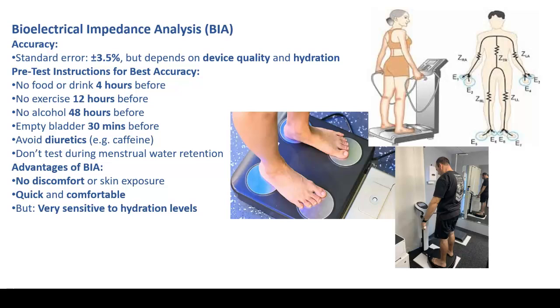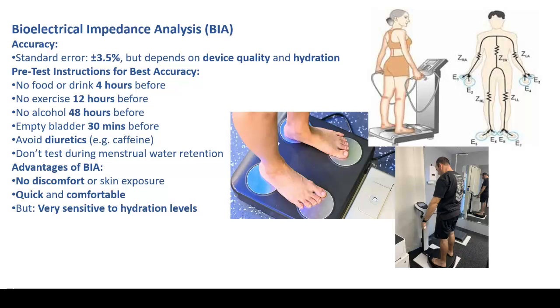They can have error. Usually they are pretty accurate, but the error is about 3.5%, but the results can change a lot depending on one factor in here, how hydrated you are.